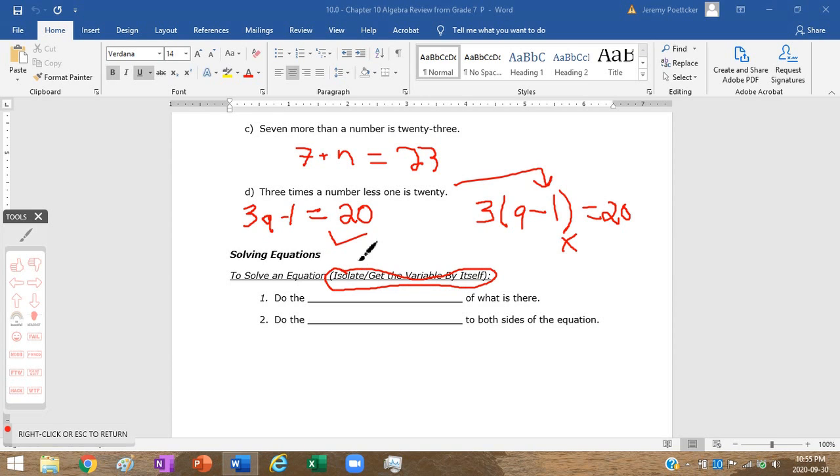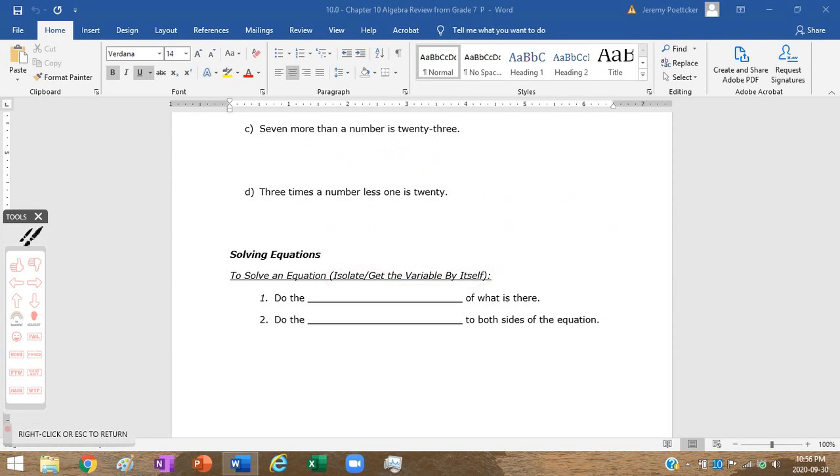All right, so what are we going to do that? Oops, let's wait until that totally disappears apparently, and then we'll fill these blanks in. We want to do the opposite of what is there. So if there's adding, we're going to subtract. If there's multiplying, we're going to divide. If there's dividing, we're going to multiply. If there is subtracting, we are going to add. That's the first thing.